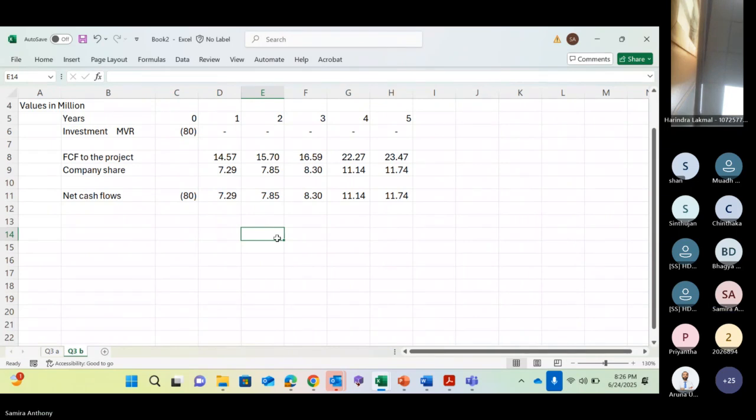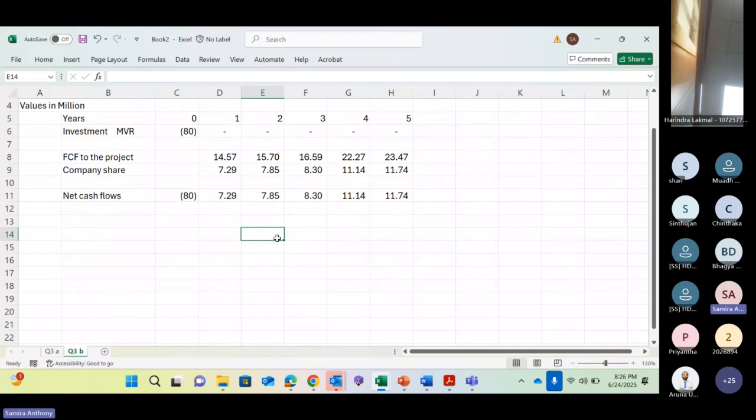Got it? Now I think you assume we are going to discount these cash flows by the project WACC. We are not going to discount these project cash flows by project WACC. We will identify how much we have invested and how much we received, and we will discount by our cost of capital.